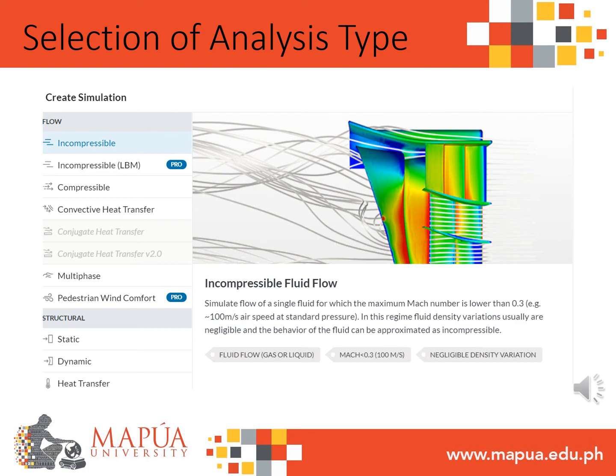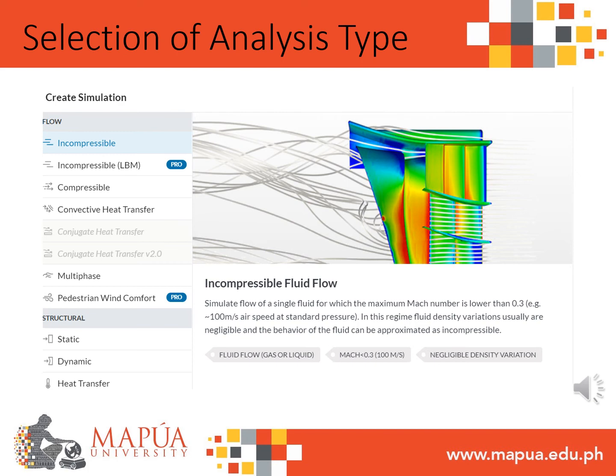After we set up our domain, we will now select what kind of analysis we want. In Simscale Workbench, we can either choose flow or structural. In our case, we will select the incompressible fluid flow. If we look at the description under incompressible fluid flow, we can see here that this is for a fluid with a speed less than 100 meters per second at standard pressure.